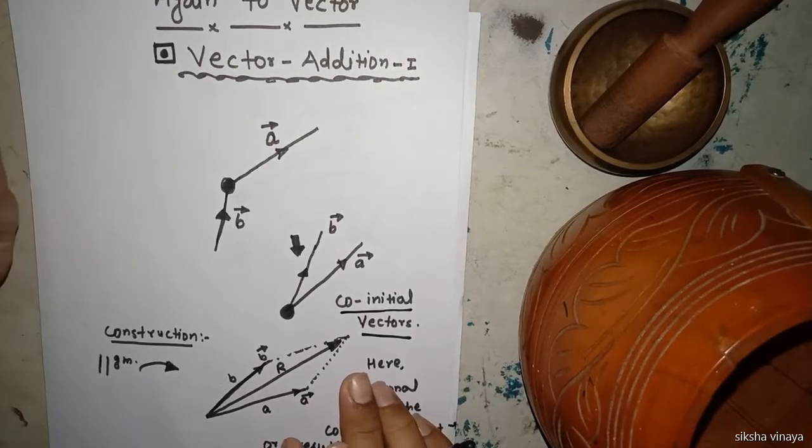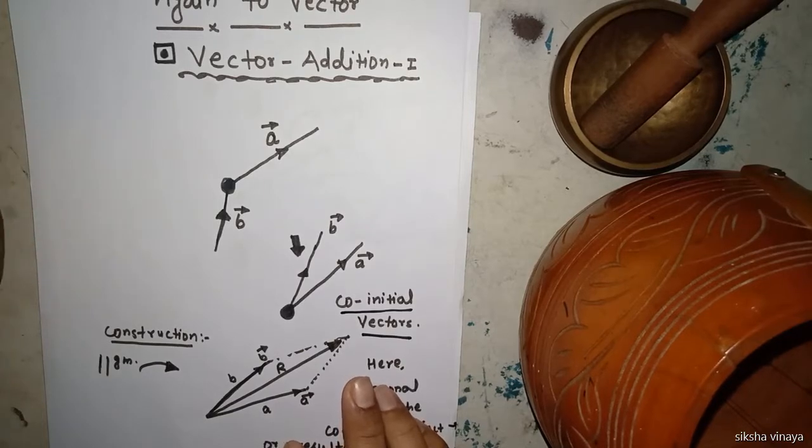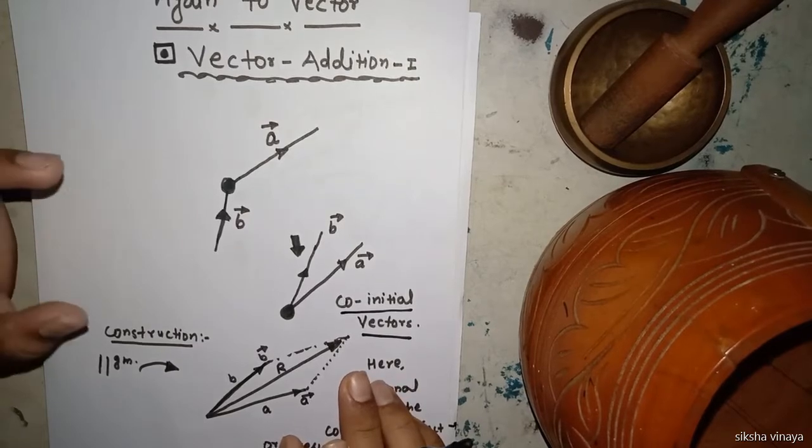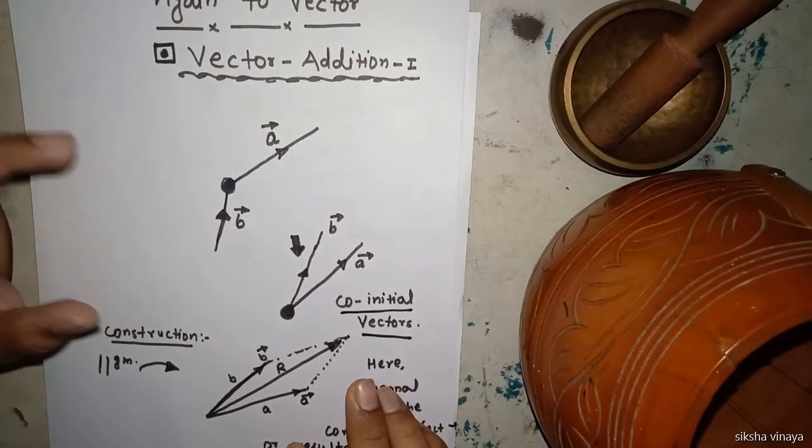The second point I have told you is that a vector can be displaced anywhere, keeping its direction and magnitude. You can also say in another way that a vector can be displaced parallelly with the same magnitude.